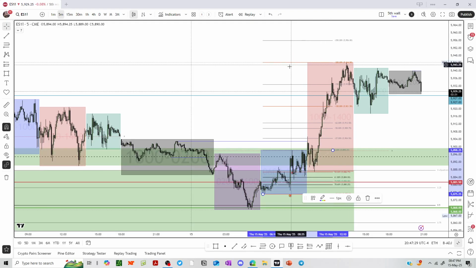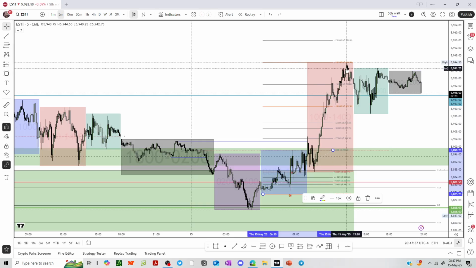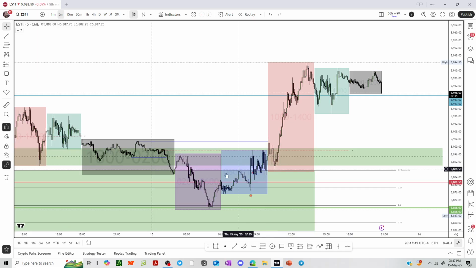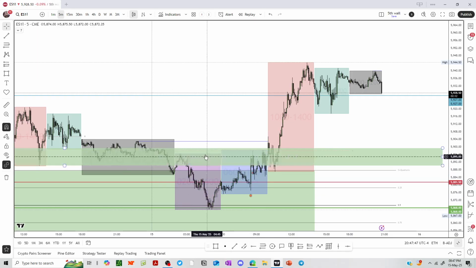Then it took off, targeting 2 standard deviations. That's 59.4450, and the high here is 59.4450. So again, just trading like 4-hour candles.